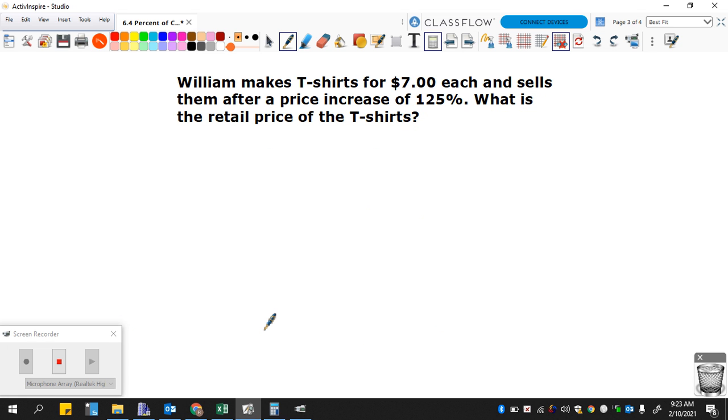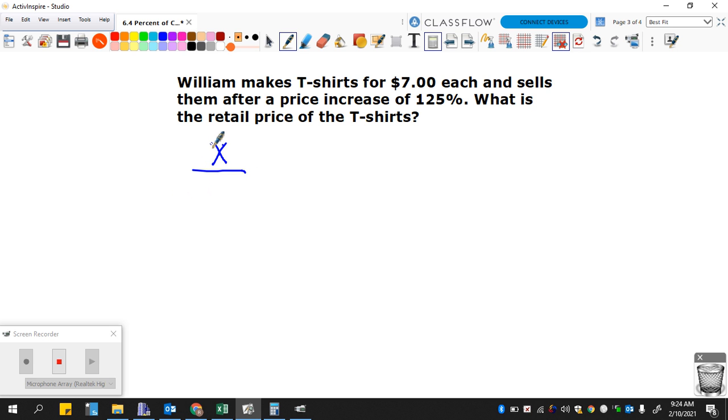All right. William makes t-shirts for $7 each and sells them after a price increase of 125%. So what's the retail price of the t-shirts? Okay, so we're going to set it up as a ratio. So we're going to say x over the original amount.